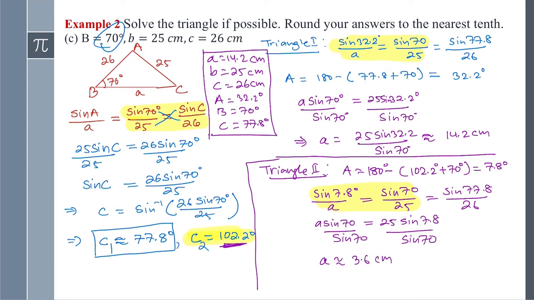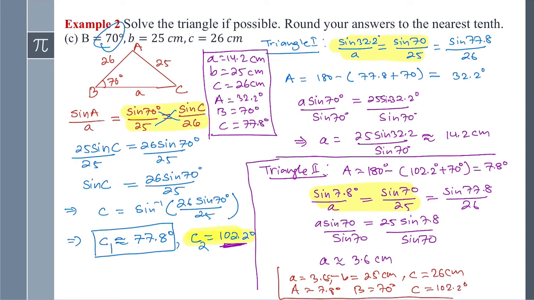So for triangle 2, the second possible triangle, we have A equals 3.6, B we already have given, which is 25 centimeters, and C equals 26 centimeters. Angle A we found as 7.8 degrees, angle B was given 70 degrees, and angle C was 102.2 degrees.